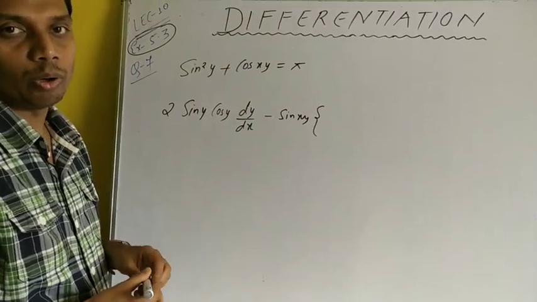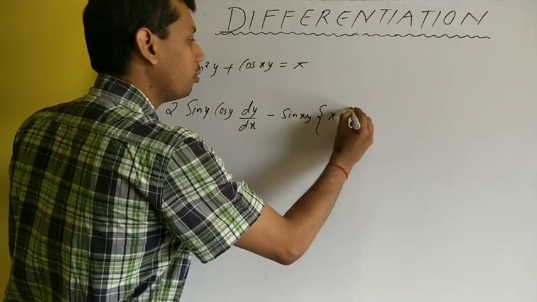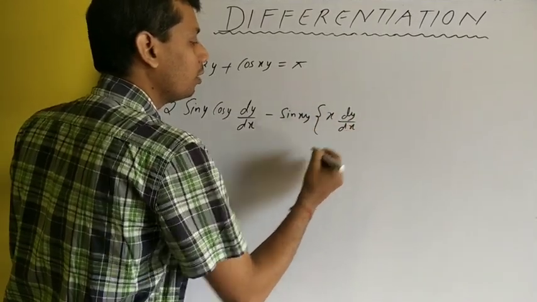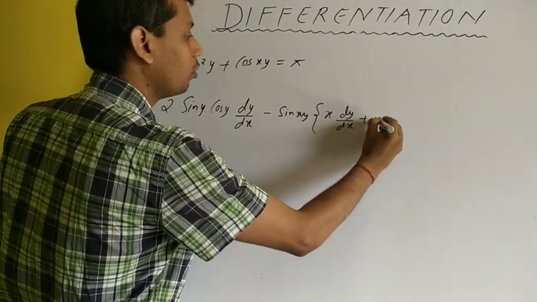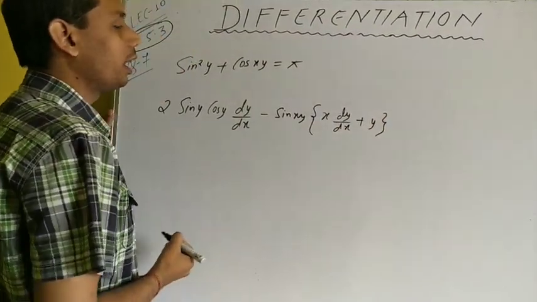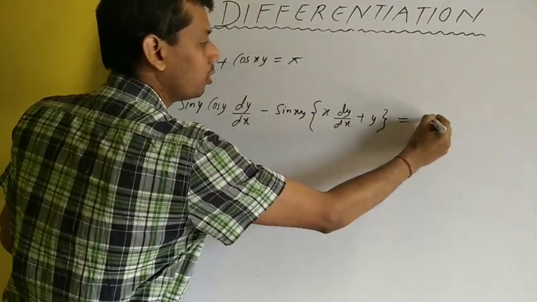So we apply the formula of d/dx of u into v. Keeping x constant, we differentiate y with respect to x. As a result, we get dy by dx, plus keeping y constant, we differentiate x, its value is what? 1. Now differentiation of this constant is what?